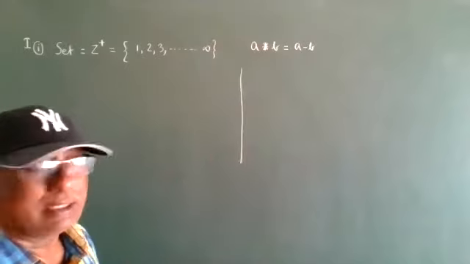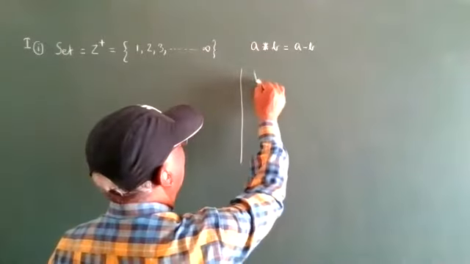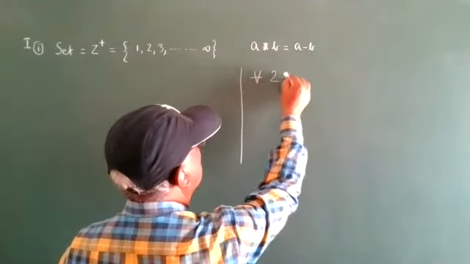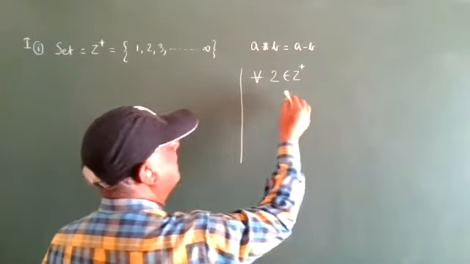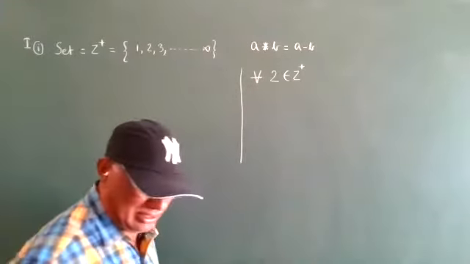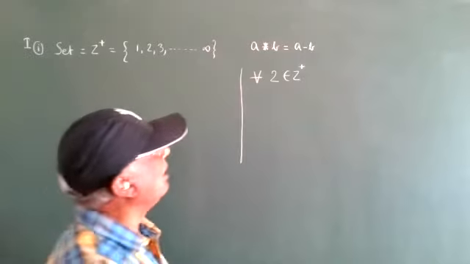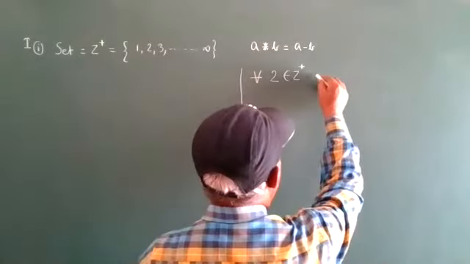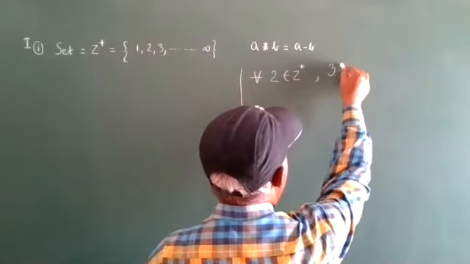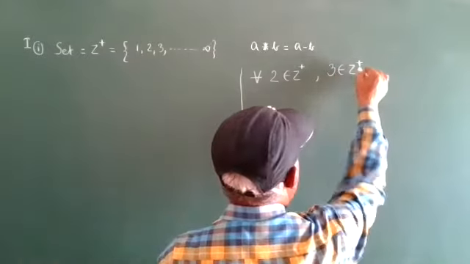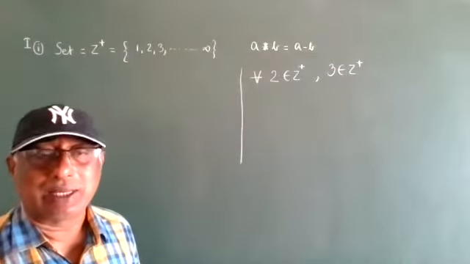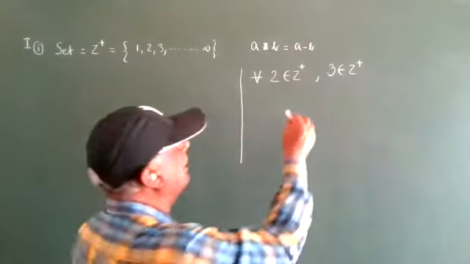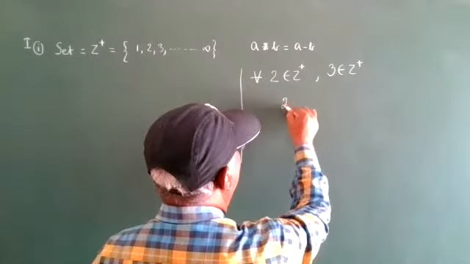In one corner, write down the example. I am going to take 2 belongs to Z plus and 3 belongs to Z plus. 2 is a positive integer, 3 is also a positive integer. Apply the operation 2 star 3.